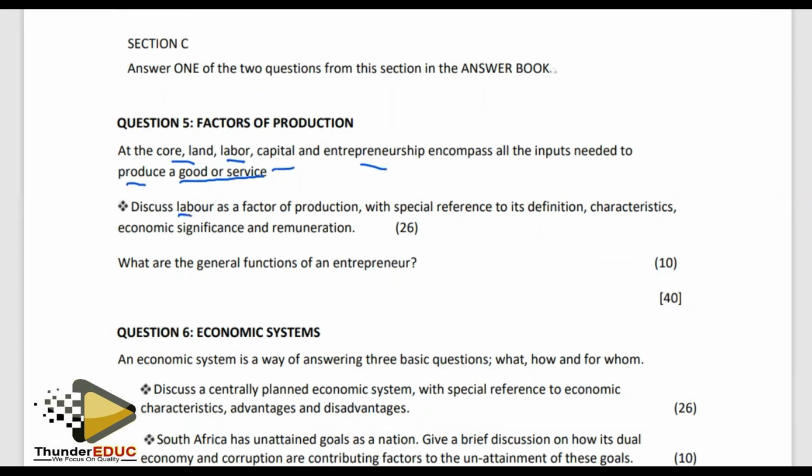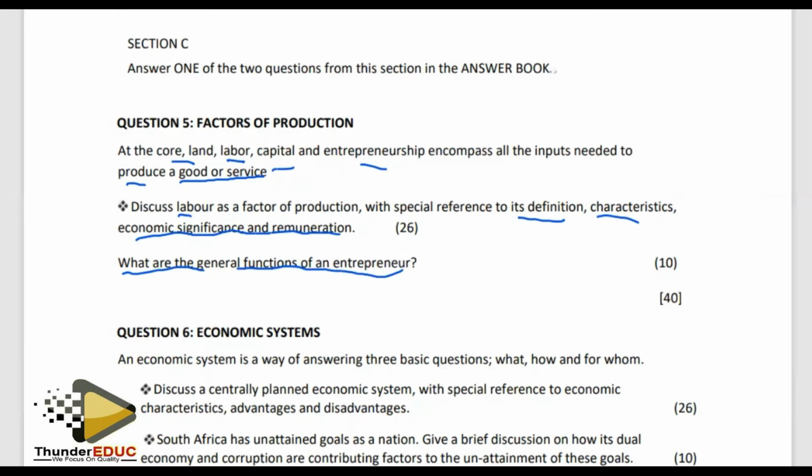So we are asked to discuss labor as a factor of production with special reference to its definition, characteristics, economic significance, plus remuneration. This is 26 marks. Wow, very easy. What are we going to do here? I am going to take you directly through how we can go about this question.